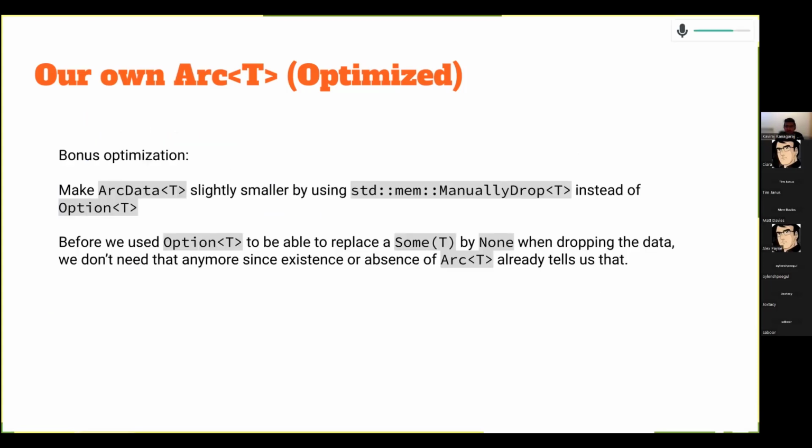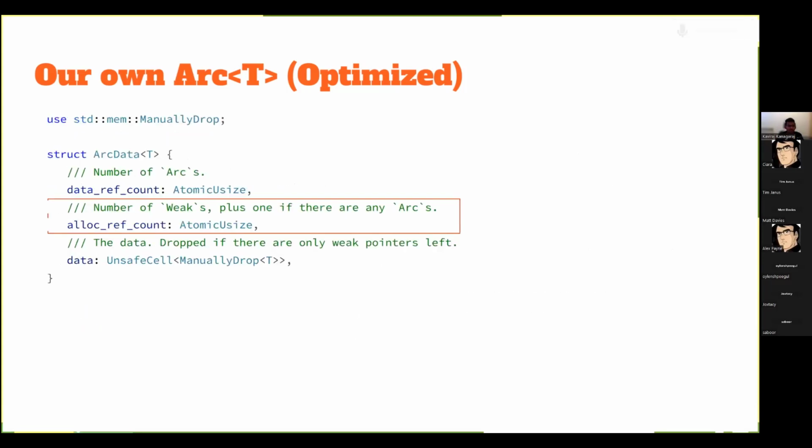I think it's here, I should have a slide here. So in the previous implementation, we used UnsafeCell of Option. Instead of Option, we use ManuallyDrop here.